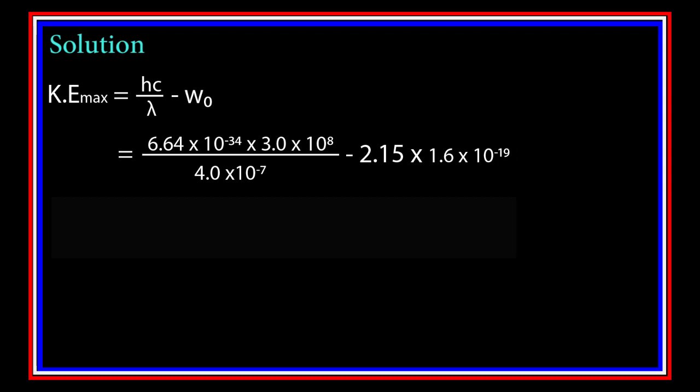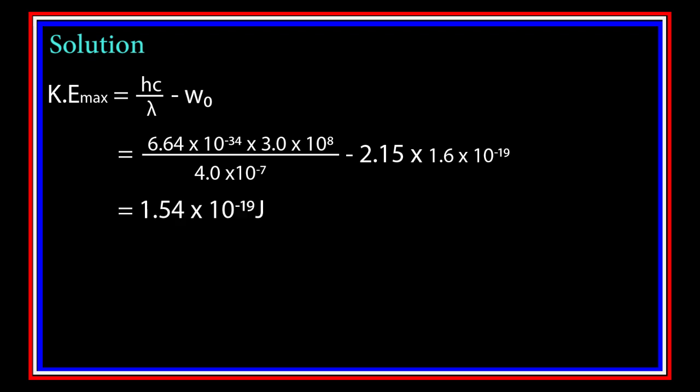This is equal to 6.64 times 10 to the power negative 34 times 3 times 10 to the power 8 over 4.0 times 10 to the power negative 7, minus 2.15 times 1.6 times 10 to the power negative 19. This is equal to 1.54 times 10 to the power negative 19 joules.